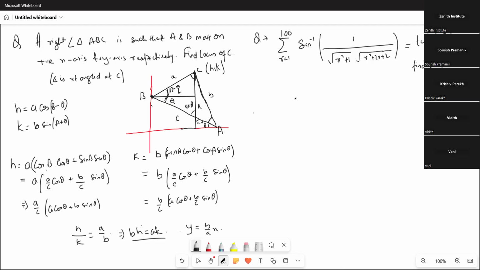Anyone? Okay, to solve this we'll do it in this way. Suppose we write sin inverse of 1 by root over of 1 plus r square into root over of 1 plus r plus 1 whole square.